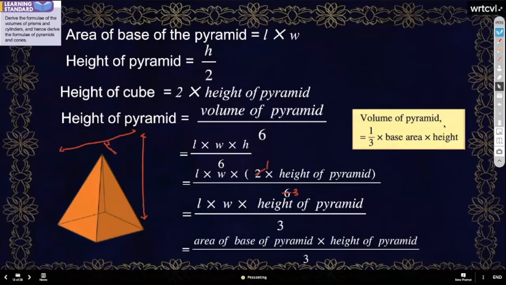So memorize: the volume of the pyramid is 1 over 3 times the base area. Base area, this is the base, the rectangle. Oh, sorry, it's not a rectangle, it's a square. So 1 over 3 times the base area times the height will be the formula to determine the volume of a pyramid.